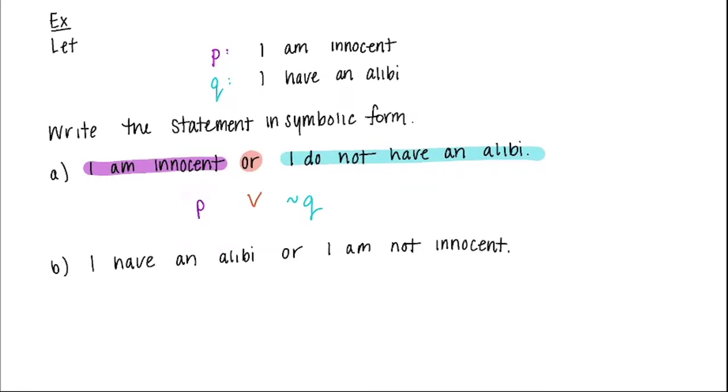So be careful in your homework. It tries to trick you. I have an alibi is that statement Q, so I'm starting with Q. Our or is symbolized by a V. And I am not innocent is the opposite of statement P, so this would be not P.